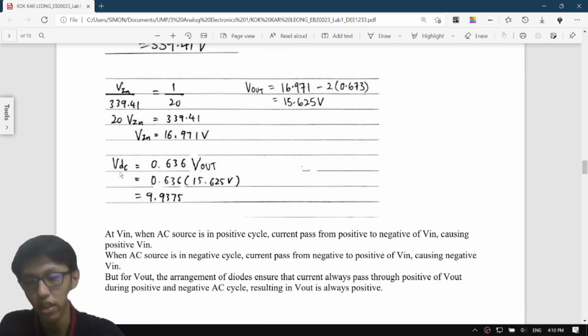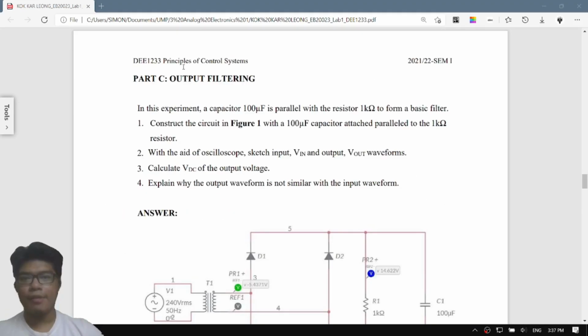So the VDC is equal to 0.636 times V out, which is 9.9375.